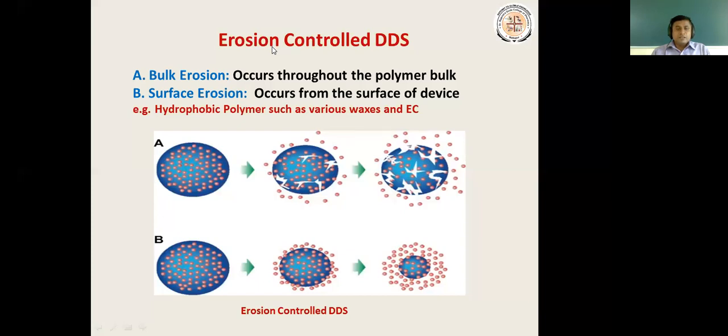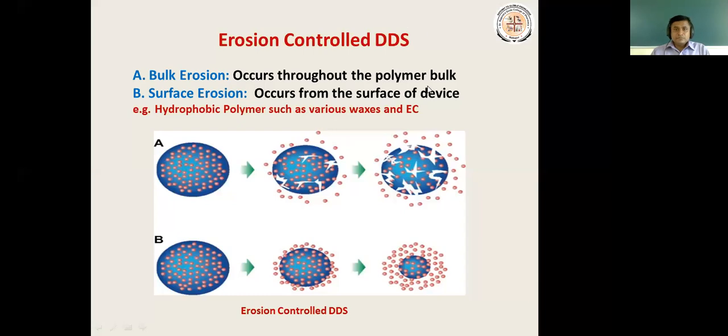So that the polymer may get continuously eroded, and the drug present in the system is continuously released in a slow manner for a prolonged period of time. Such systems are called erosion controlled drug delivery systems.